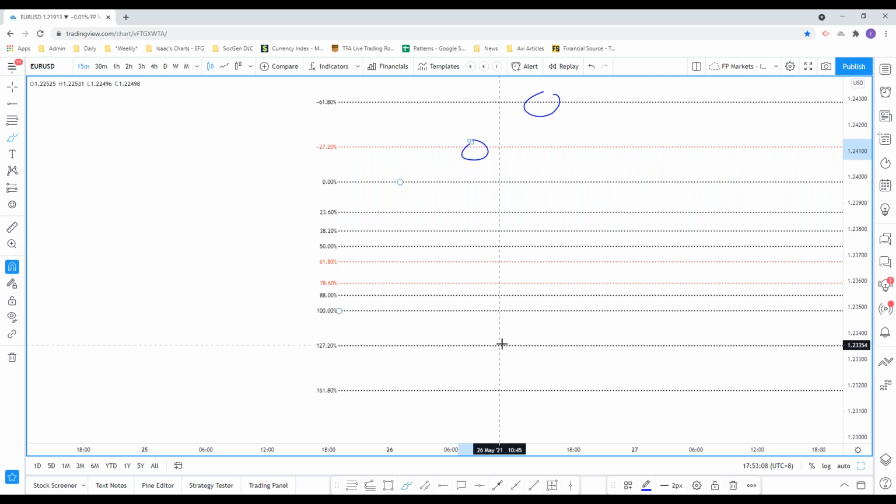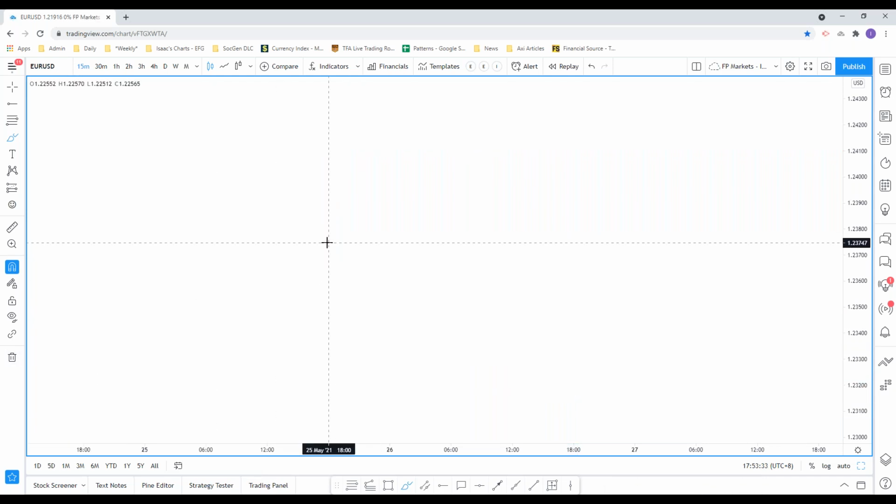Same story when price is at 127.20 or 161.80 retracement, I try not to take any trades. I will look for how price develops. There will never be 100% confirmation that price is going to reverse completely at that level, so we always have to wait to see what will happen.